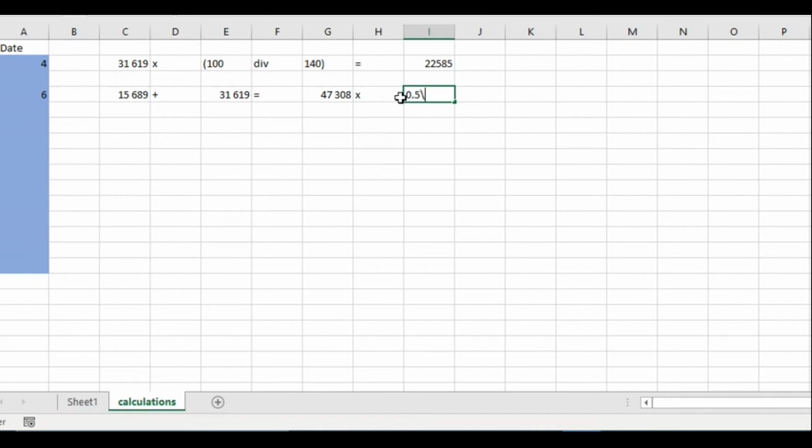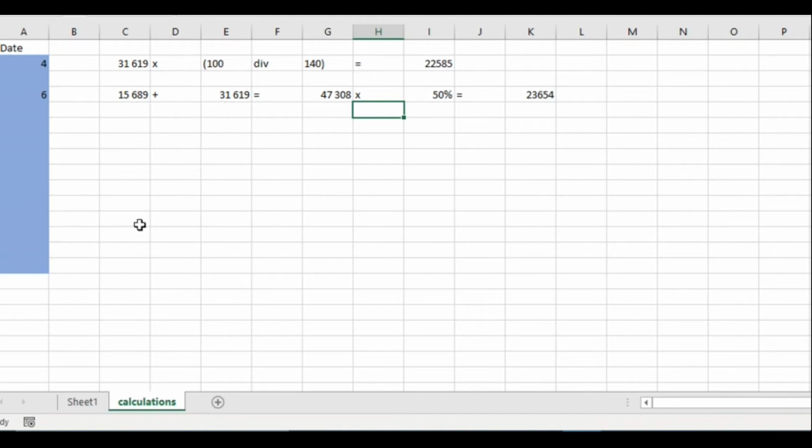It's still the same, but I prefer my percentages. And then here we go. So here the equation will be 47,308 multiplied by 50%. Then our amount is 23,654.